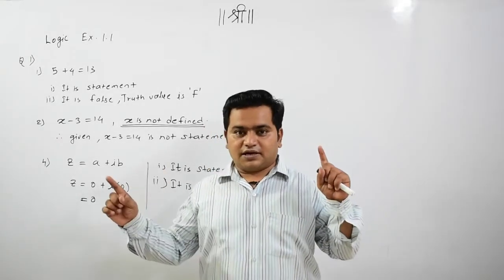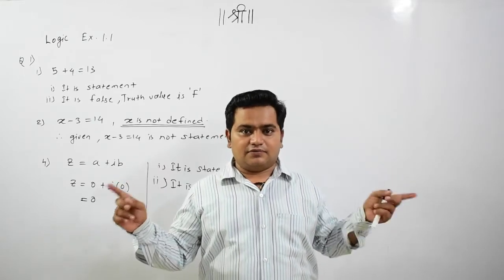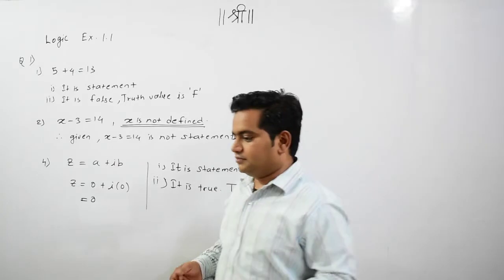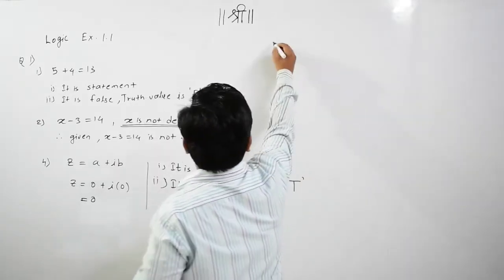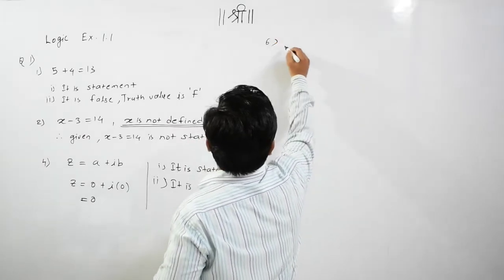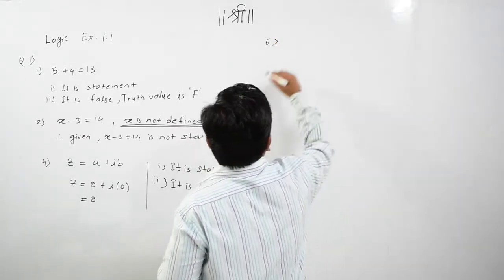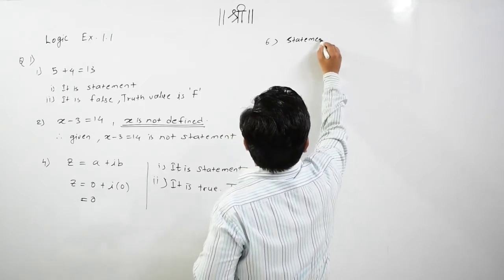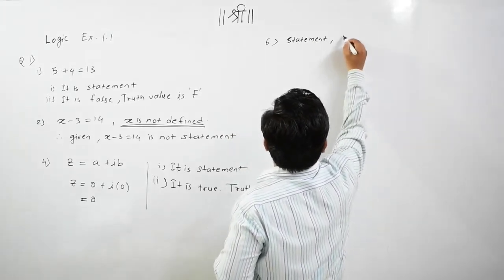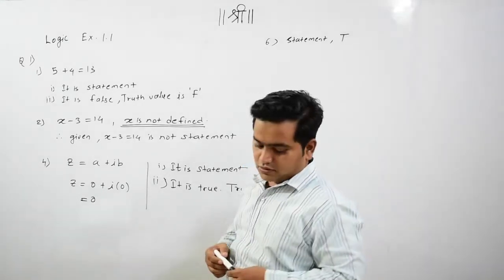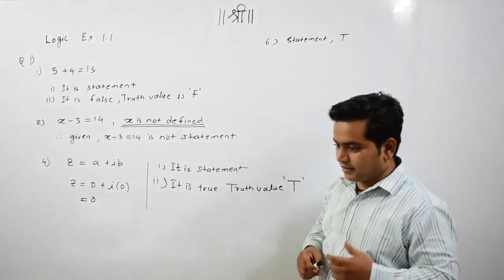So the first triangle is congruent to another triangle, therefore these two are similar, and that is a true statement. So question number 6 is a statement and its truth value is true. So we are writing it directly as true.